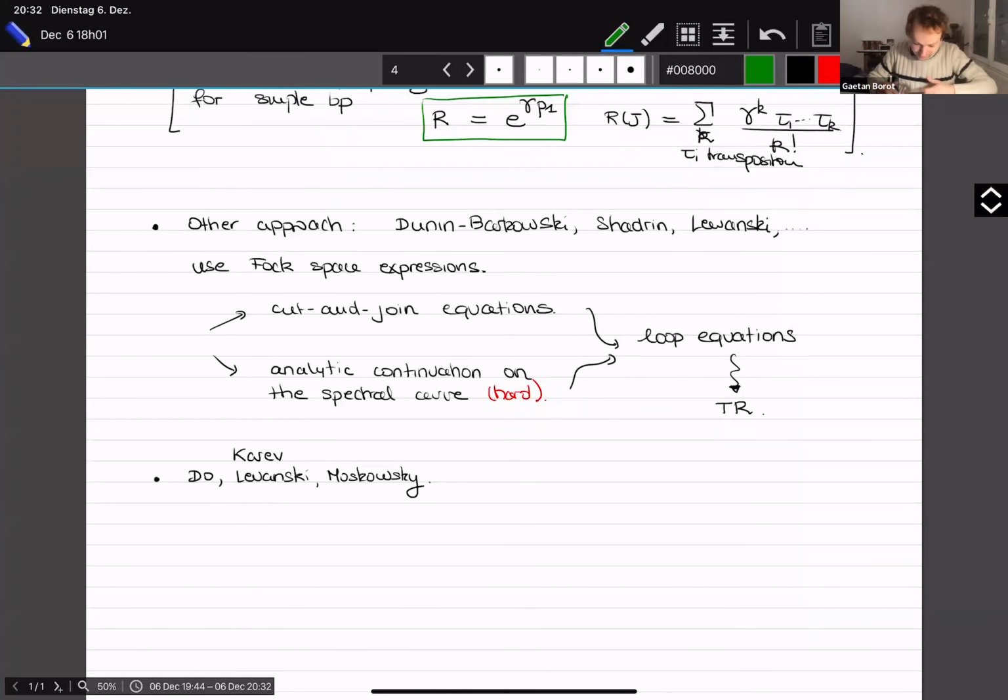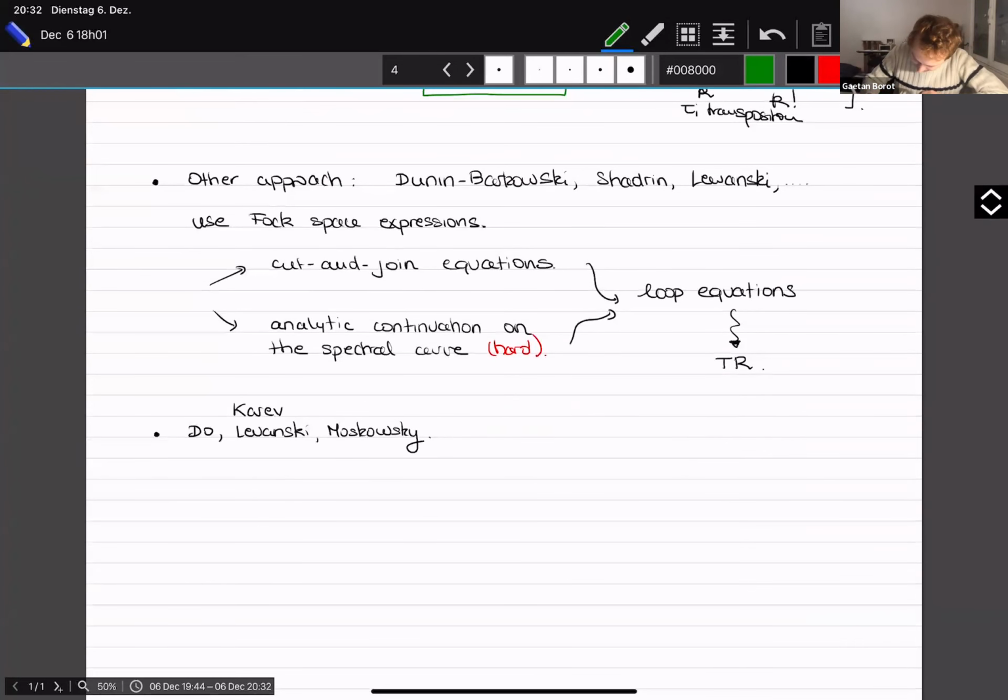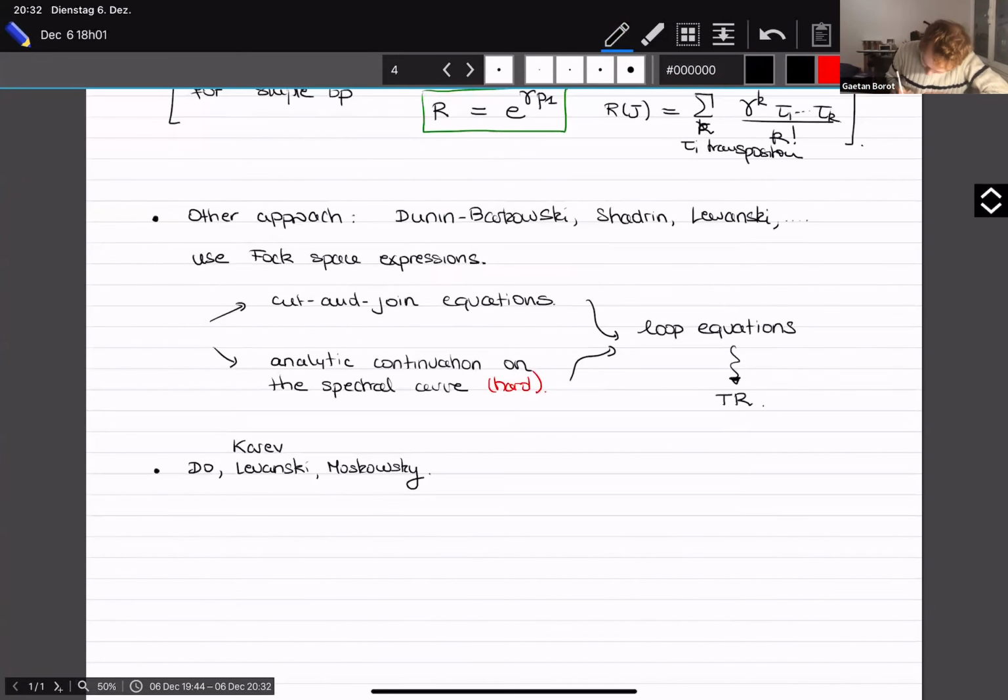And this was much more technical, but we succeeded. And so for that case, you get TR. It was around the year, I think it was finished during the early COVID times. You get TR for that spectral curve.